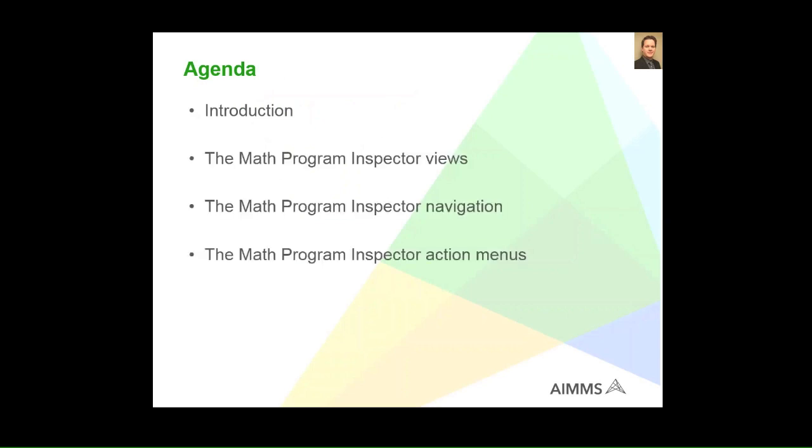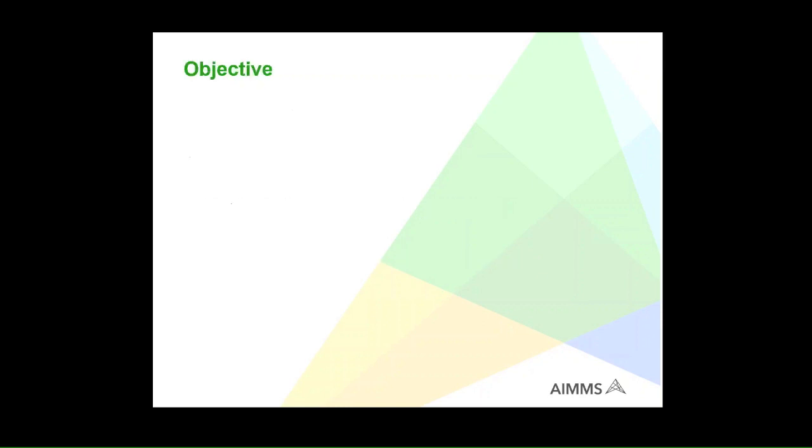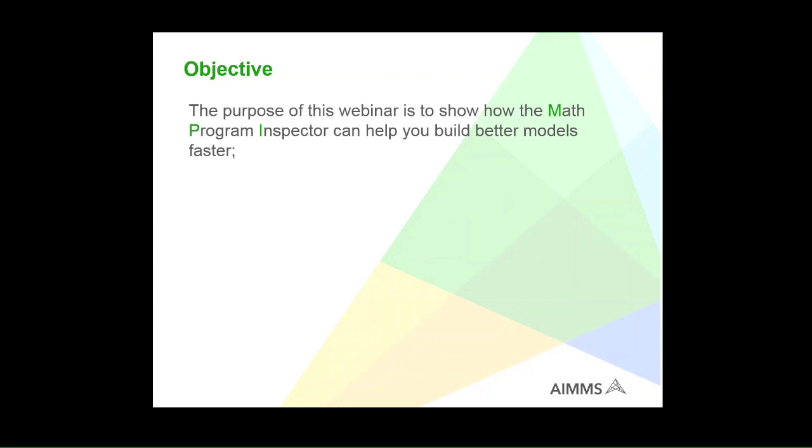So a quick overview of the agenda. I'll start with an introduction. Then I will start with the Met Program Inspector, the main views, how do you navigate through it, and then I end with action menus to do specific actions, mainly focused on infeasibility, unboundedness, and just strange solutions, but tools that will help you to make models, to build better models faster, because that's the purpose of this webinar.